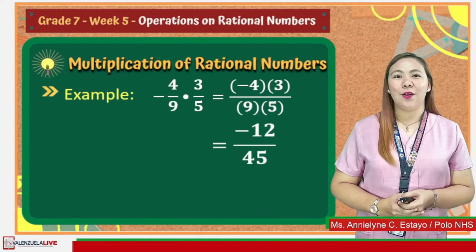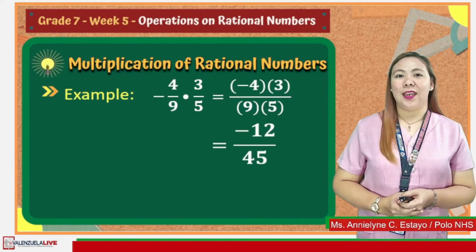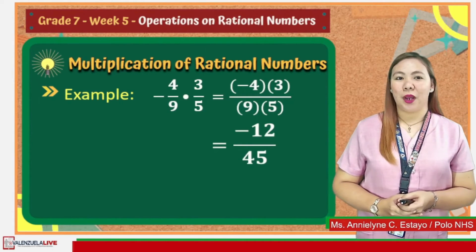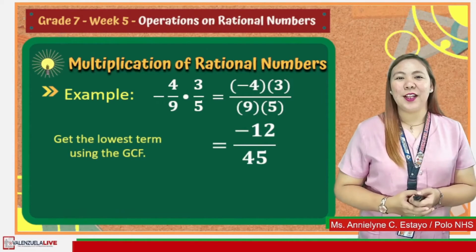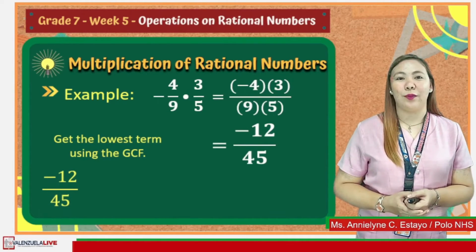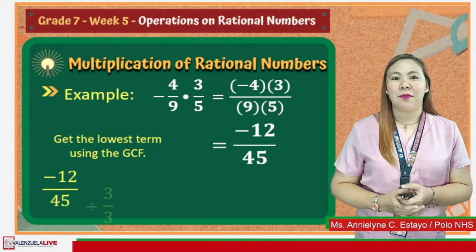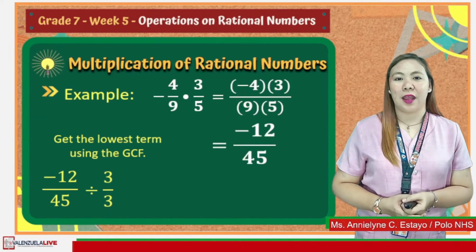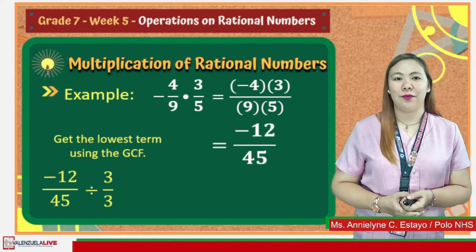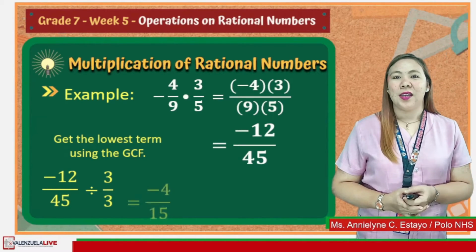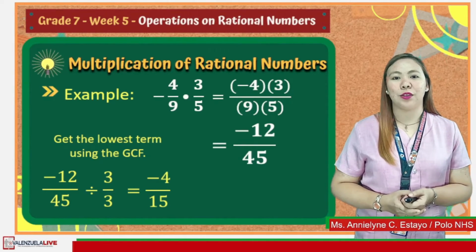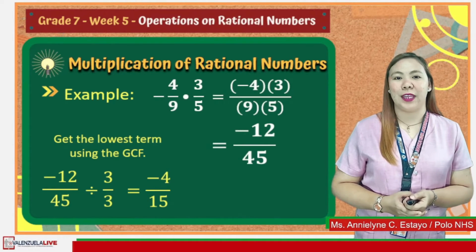The product of negative 4 and 3 is negative 12, and the product of 9 and 5 is 45. Get the lowest term of negative 12 over 45 by dividing both numerator and denominator by its GCF, or the greatest common factor, which is 3. Simplifying, it is equal to negative 4 over 15.